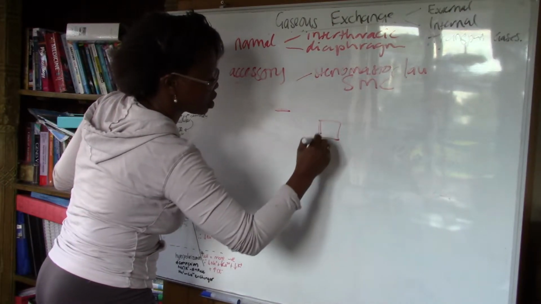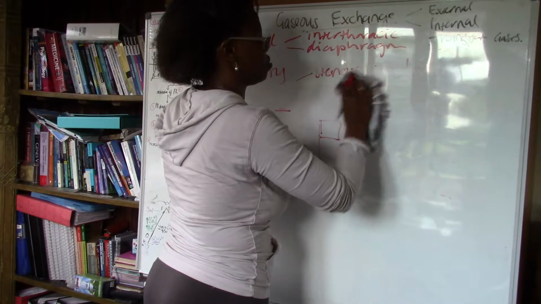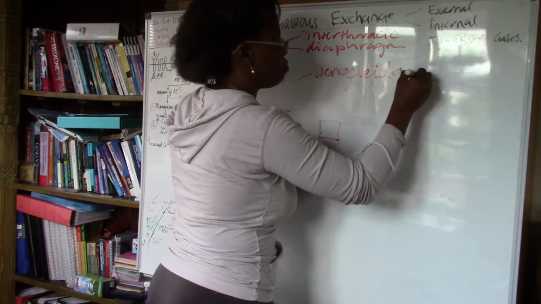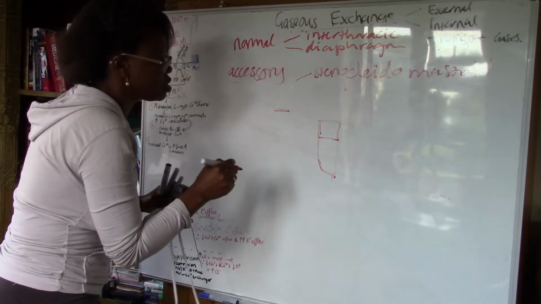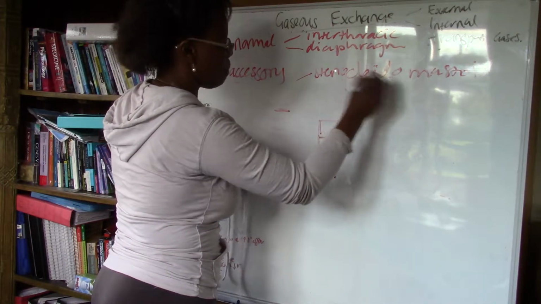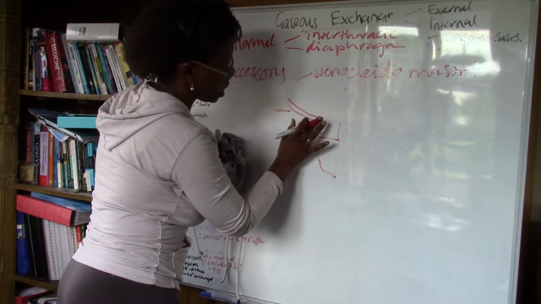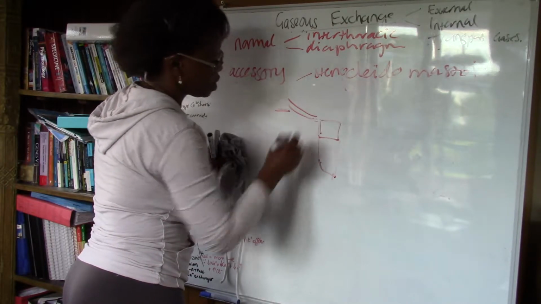It's actually located here. So this is the sternocleidomastoid. I don't know why I wrote it like that. It's the sternocleidomastoid muscle. So the sternocleidomastoid muscle arises from the clavicle and the manubrium of the sternum.